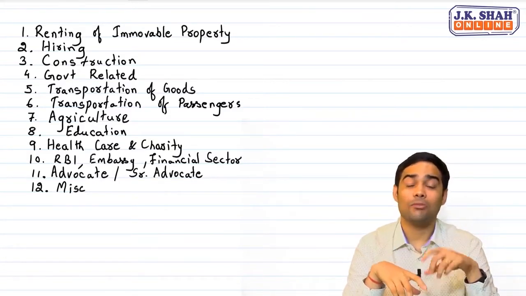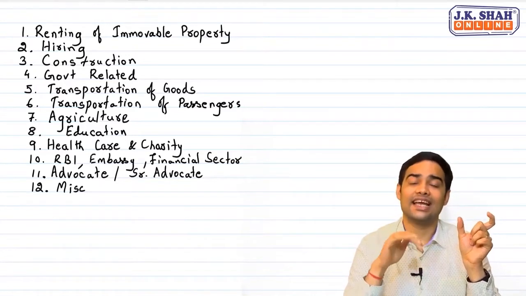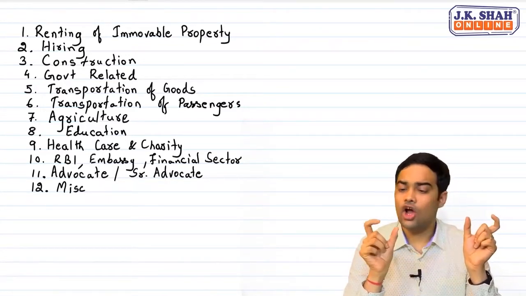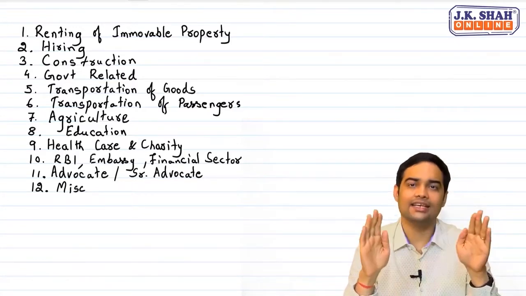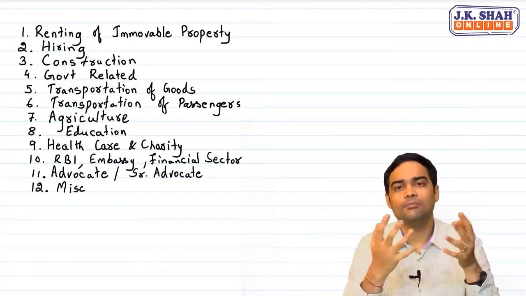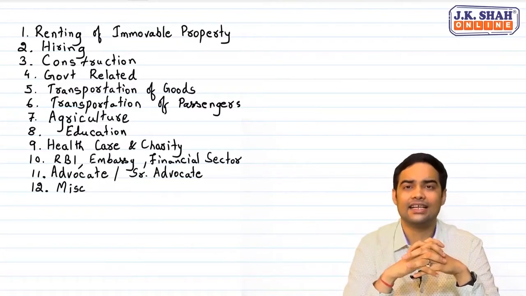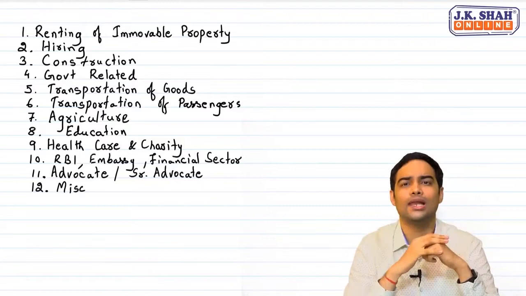When you talk about a bus, that is a vehicle which can carry more than 12 passengers, if it is given on rent to a state transport undertaking, then again GST would not be applicable. Simple reason, goods transport agency and state transport undertaking, normally their output is exempt at least to a limited extent.